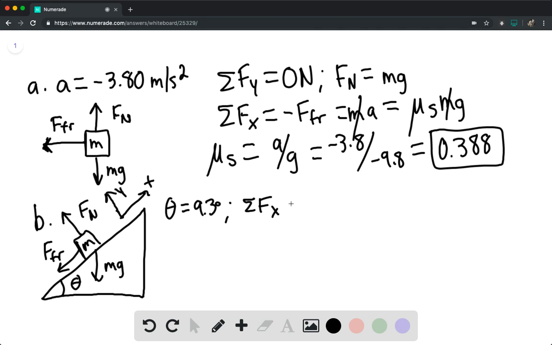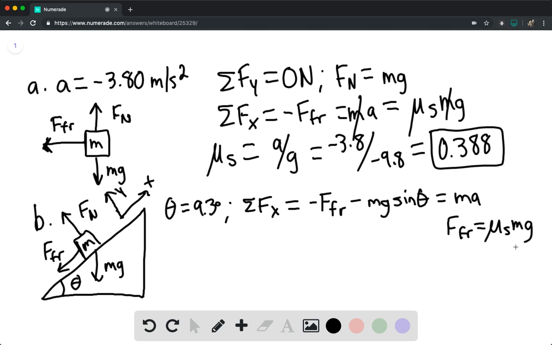And so the sum of forces in the x direction will equal negative force of friction minus the x component of gravity, so mg sine of theta, and this equals mass times acceleration. We know, of course, that the force of friction equals mu s mg.